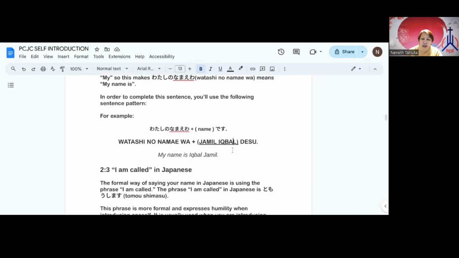And then the particle wa, we're going to study this later, and then Jamil Iqbal desu. Again, the surname first and then the given name.